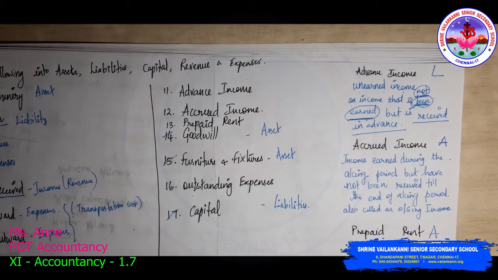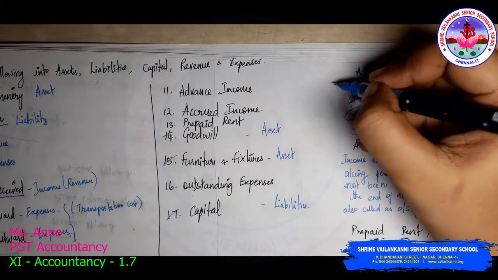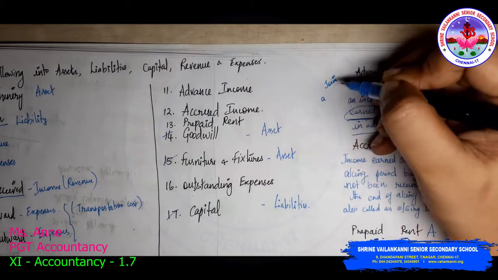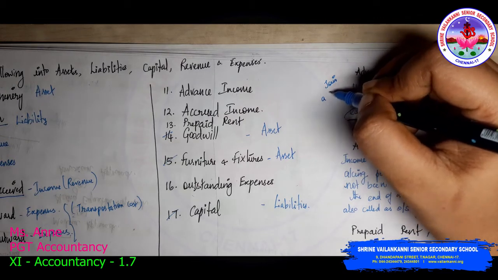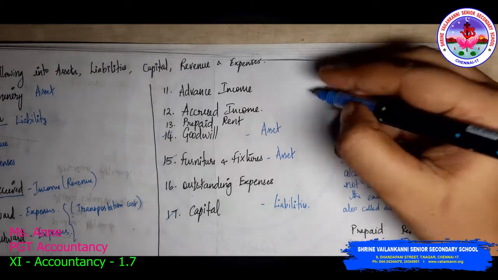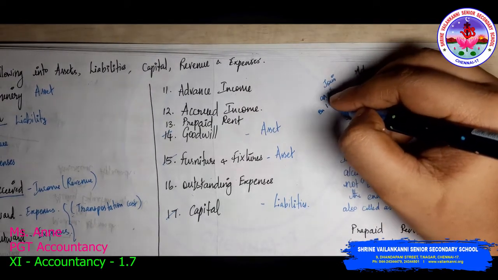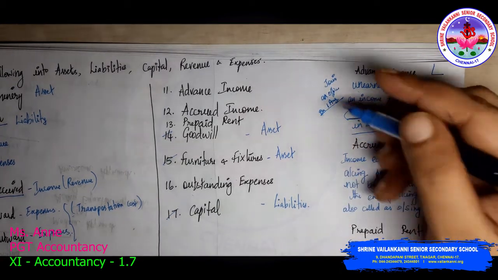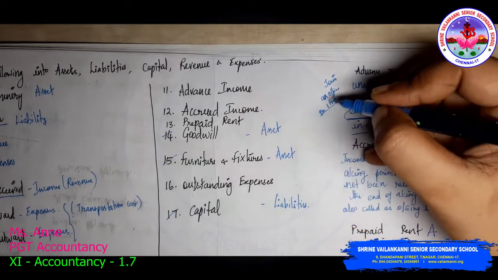Say for example, you wanted to join an office on 1st August. They have paid you an advance income.